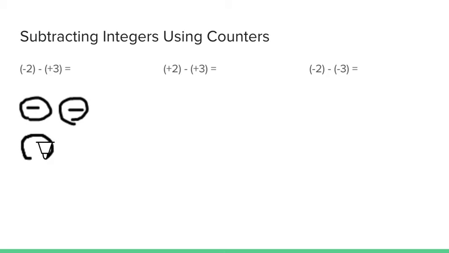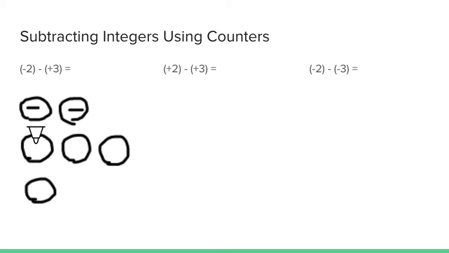Whenever you don't have the amount you need to take away, you can simply draw it in, okay? But you're going to have to create a matching pair of the opposite symbols. So in this case, I'm going to draw in my positive 3, okay?